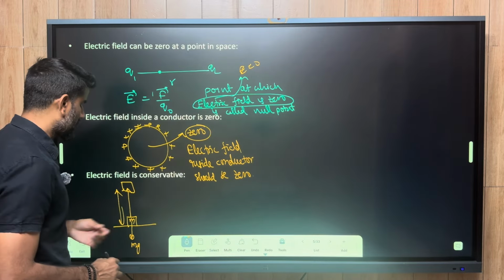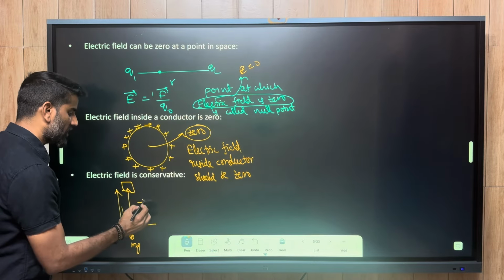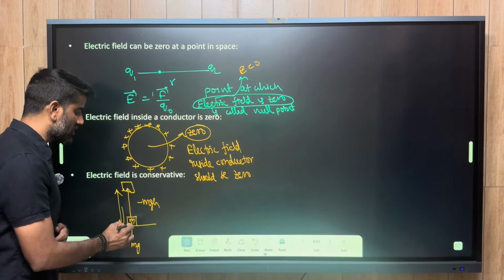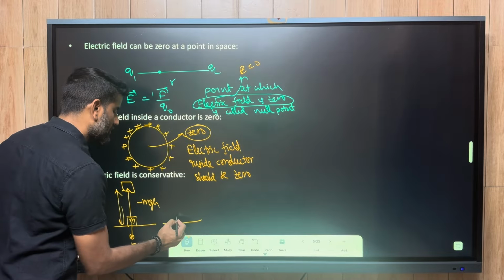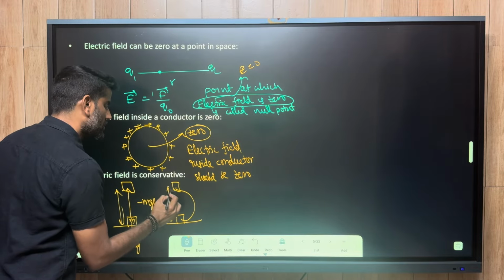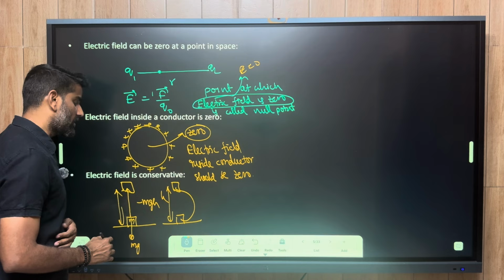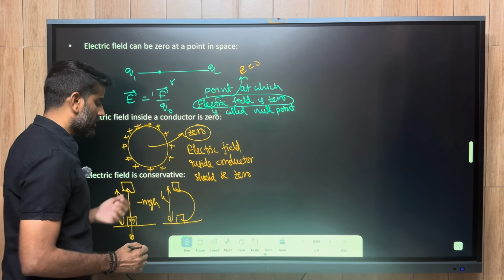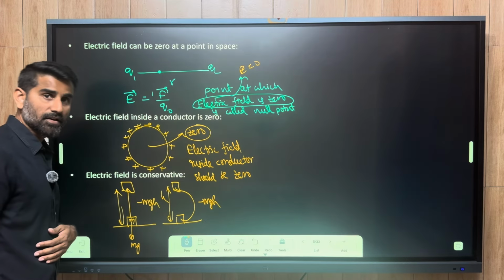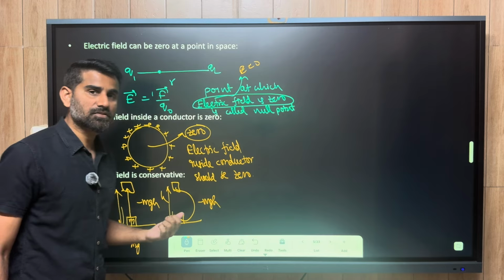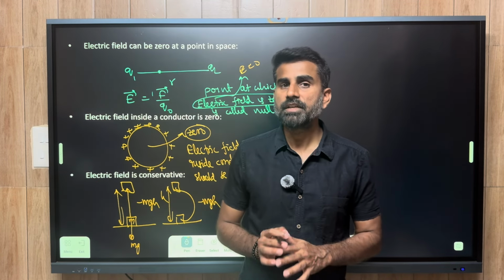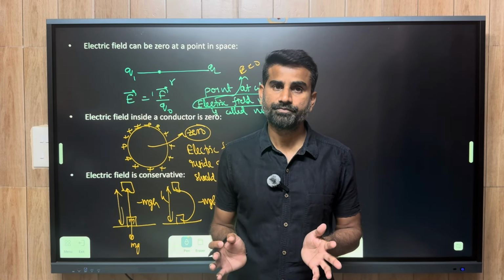Now what is the work done by gravity? Work done by gravity is minus mgh. Instead of taking this object straight up, let's say I've taken this object in some other direction to the same height. Then again the work done by gravity is minus mgh. So what we have understood from this example is the work done by the gravitational force is independent of the path followed.